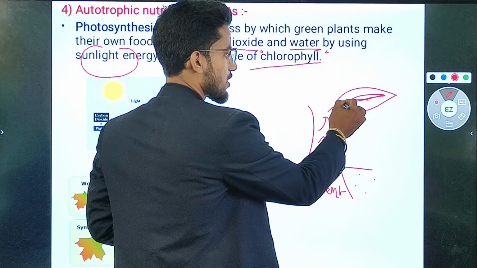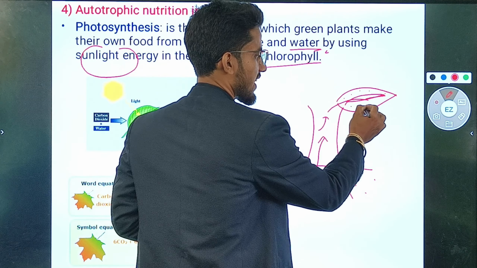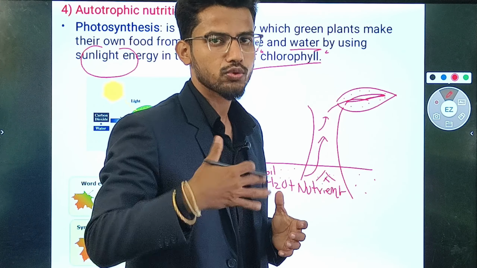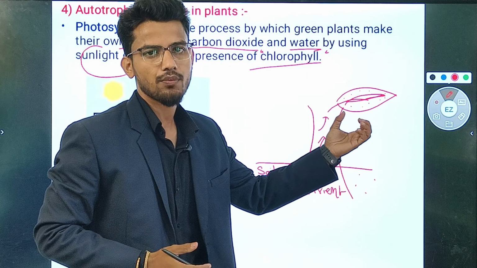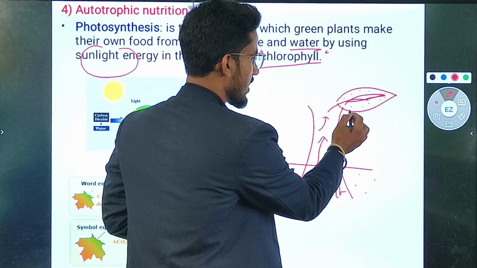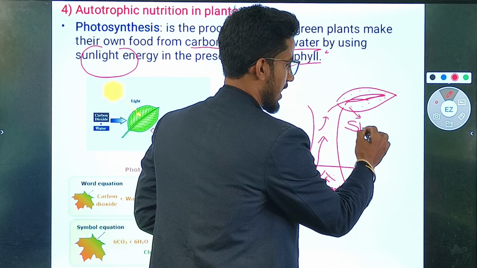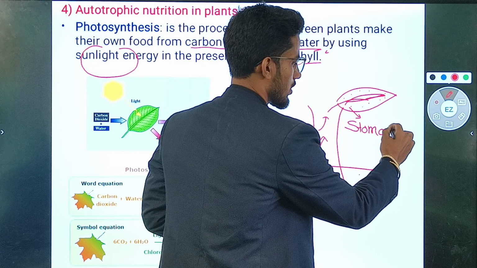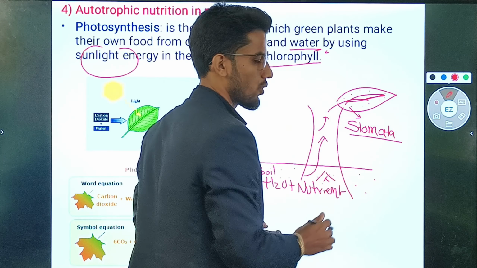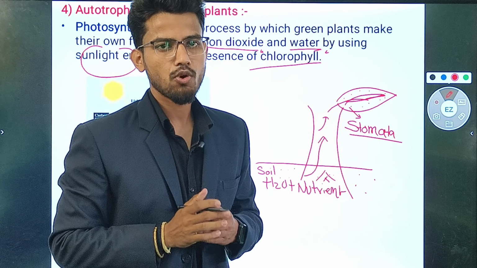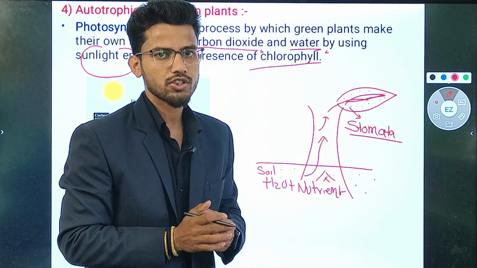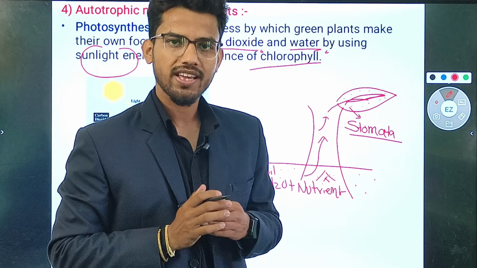And whenever the water and nutrition in the soil move through the xylem to the leaves, there are small pores. That means the small holes we can see present on the surface of the leaves, which we name stomata. So these stomata are the small pores which are responsible for the exchange of gases.